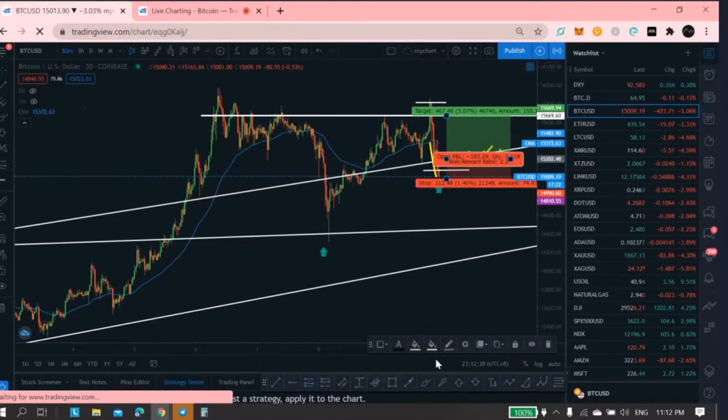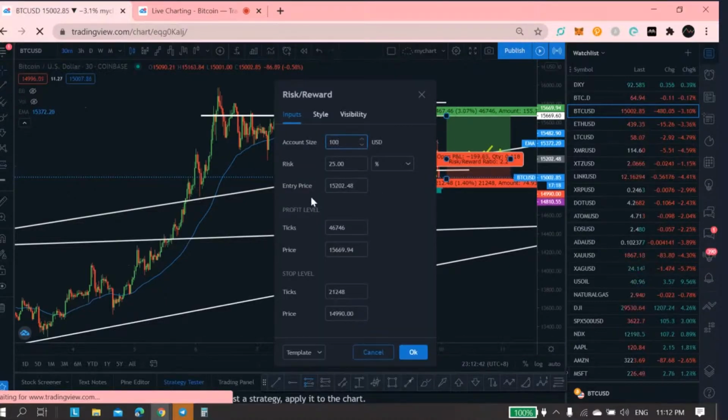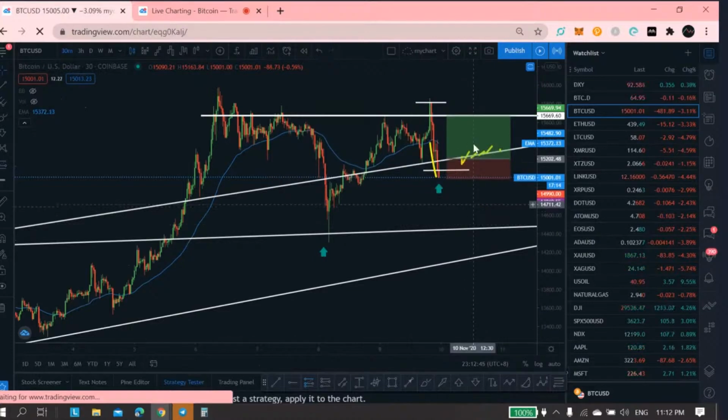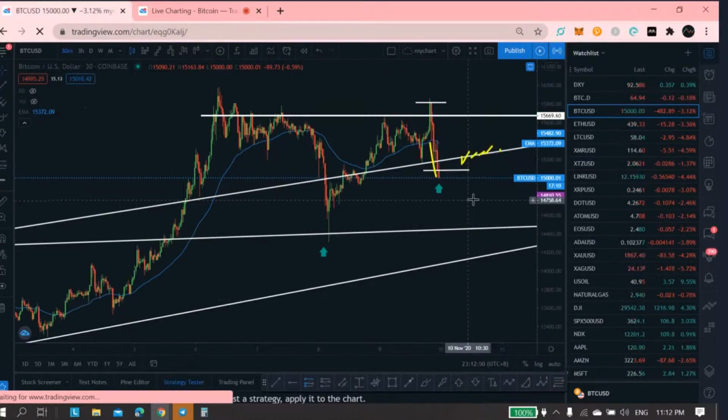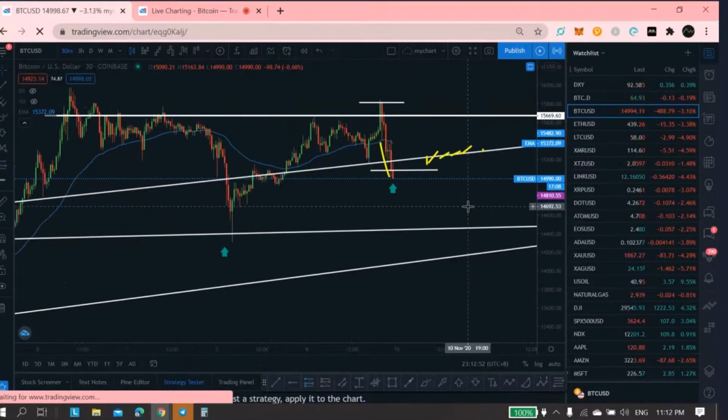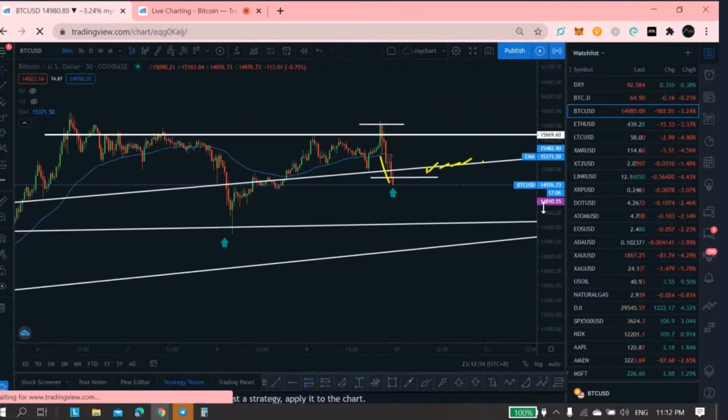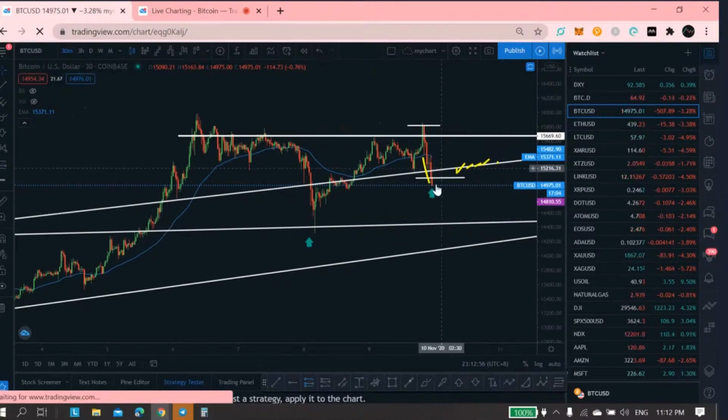So actually, let me check this one. So what's the entry here? Yeah, entry price 15,200. OMG, the bears are dominating. So yeah, possibly I'll just wait because the bears are dominating.